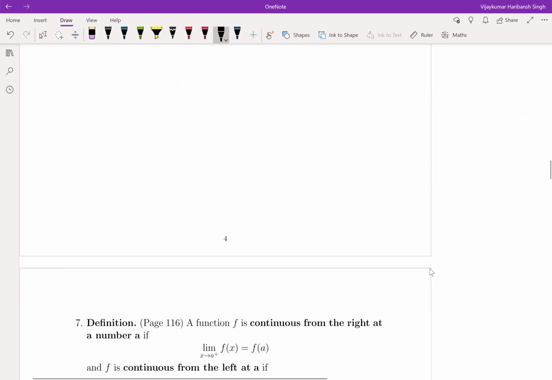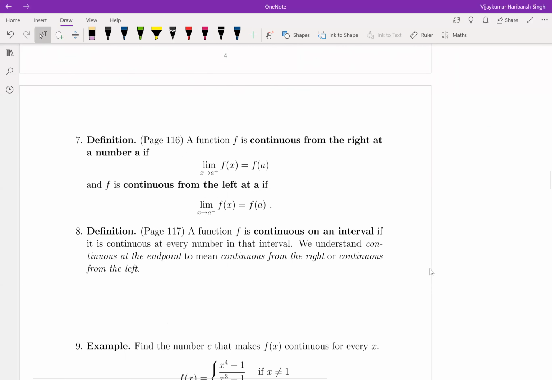Now what is continuity from the left? f is continuous from the left at a if the limit as x goes to a minus of f of x is f of a. So this leads us to the following definition. A function is said to be continuous on an interval if it is continuous at every point inside the interval.